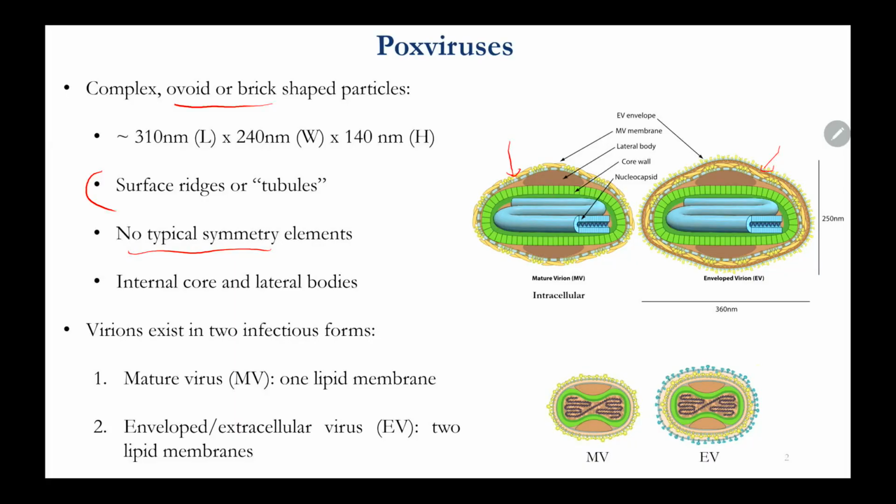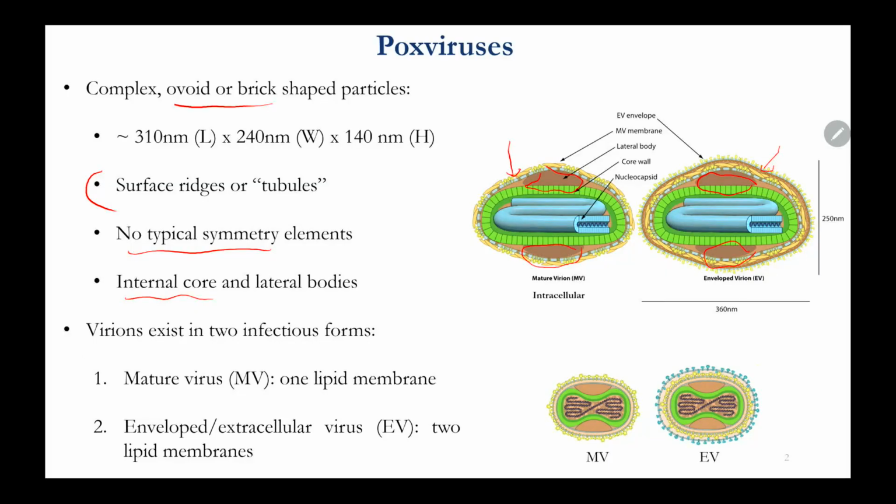Okay. And they tend to have an internal core which has the genome, and they also have a protein structure called lateral bodies. So you can see the lateral body here in brown. Same thing here. And in addition to that, there's two different forms that these virions exist in.